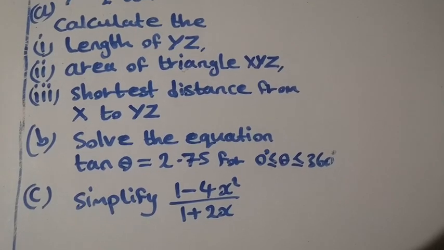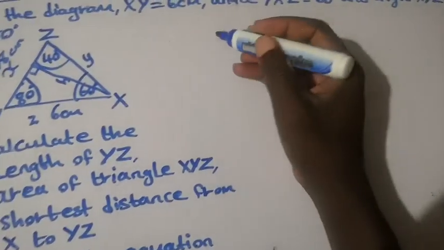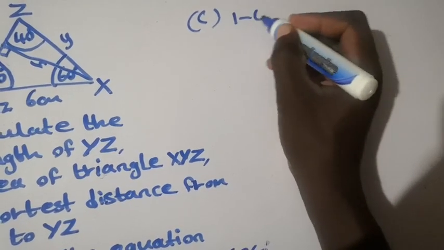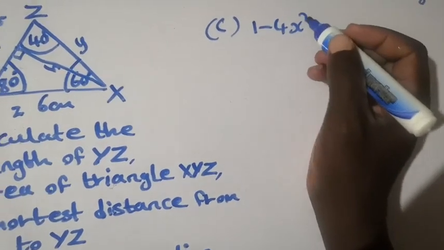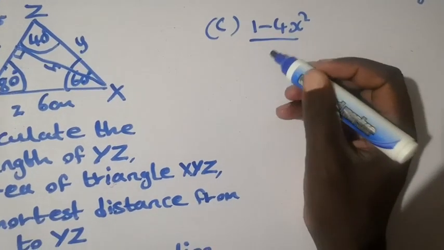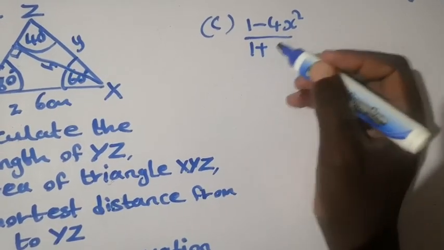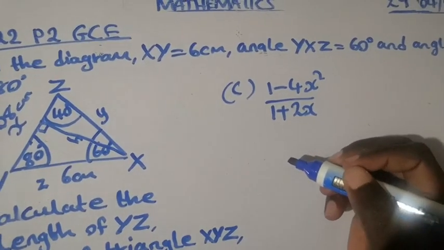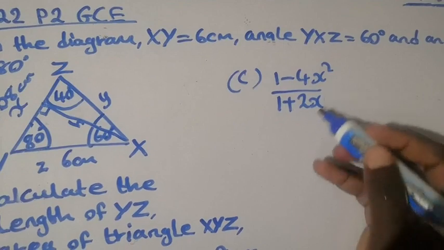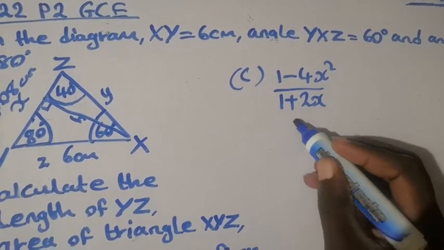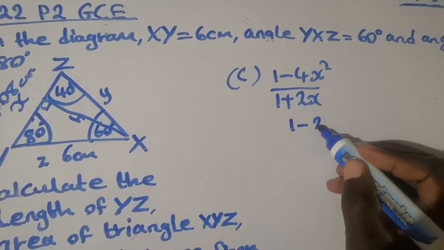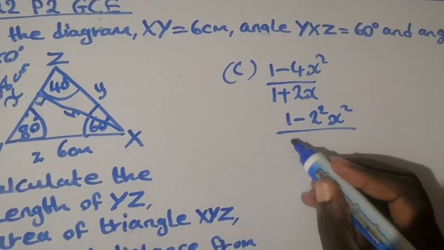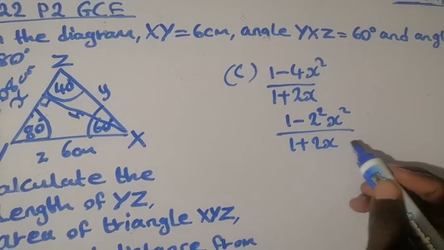Part C, simplify 1 minus 4x squared over 1 plus 2x. They want us to simplify. On the numerator we have a difference of two squares expression. So it will be 1 minus 2 to the power 2, x to the power 2, over 1 plus 2x.